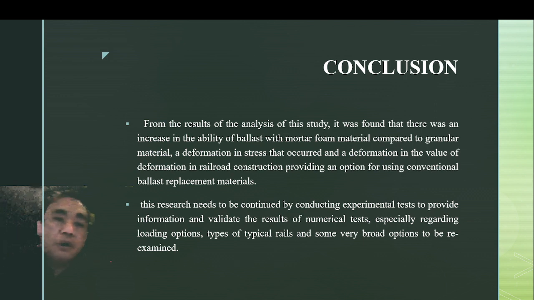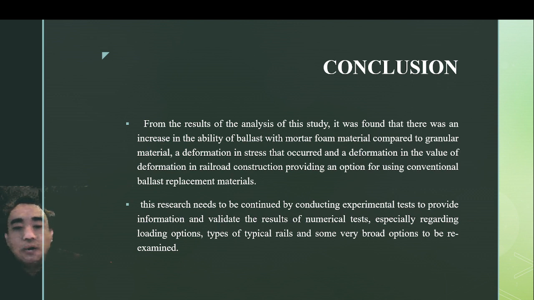For conclusion, from the results of this study, it was found that there was an increase in the ability of ballast with mortar foam material compared to granular material, in stress and deformation in railroad construction, providing an option for using conventional ballast replacement material.